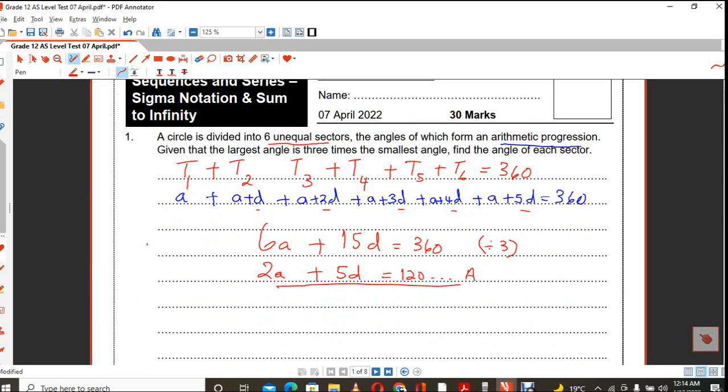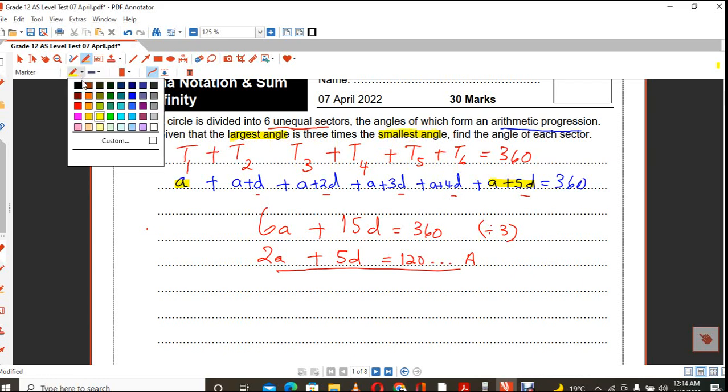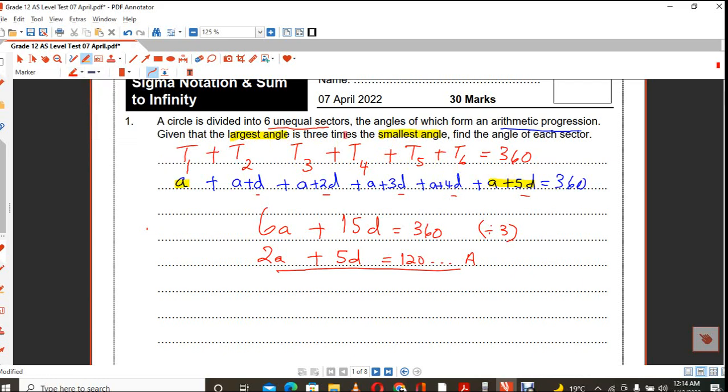So the second one, they say the largest angle. In this particular scenario, the largest angle is A plus 5D, and the smallest angle is A. It says that the largest angle, which is A plus 5D, is 3 times the smallest angle.